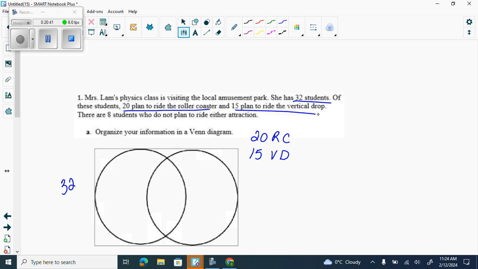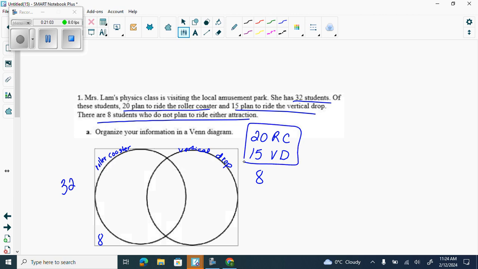Okay, and then 8 students plan to do neither, right? So 8 would be on the outside. Here we would have roller coaster. Here we would have vertical drop. Okay, so how many tickets total do we have here?